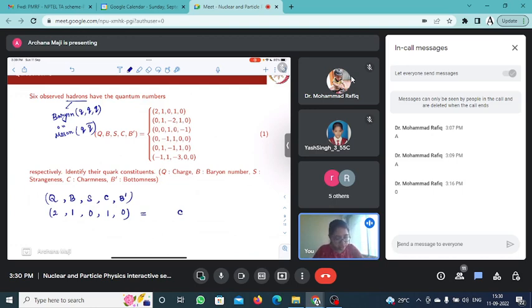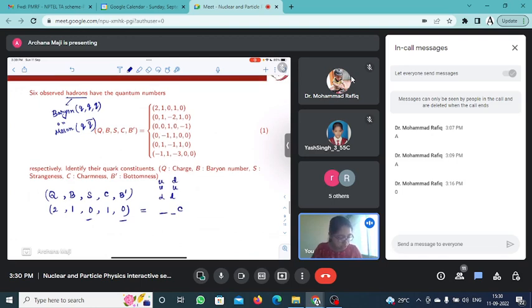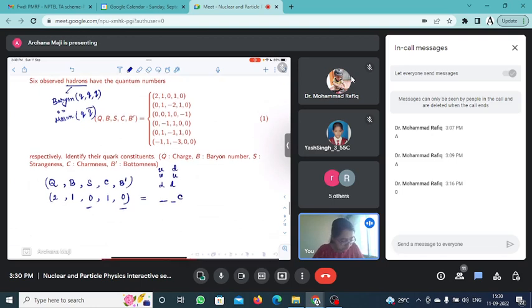It cannot be S quark, and it cannot be B quark as well. So the two other quarks have to be either D quark, both D, or both U, or one U, one D. Which particular configuration will be the possibility for Q to be 2 ultimately?